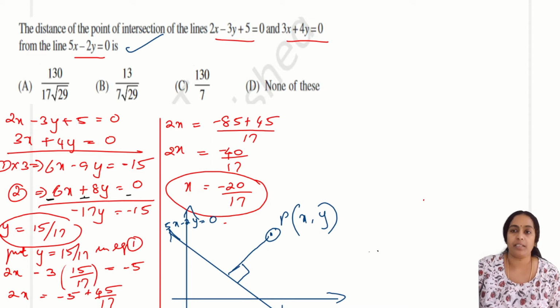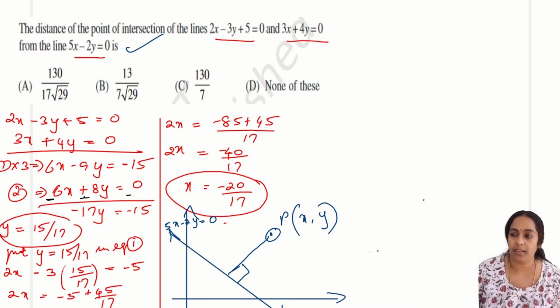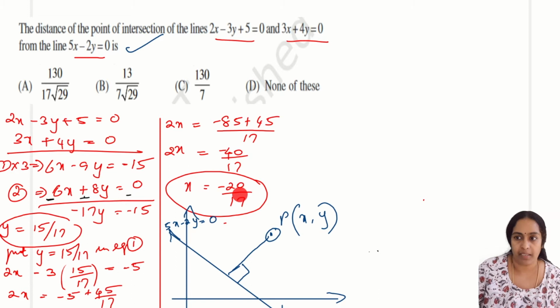The question is asking for the distance between the point of intersection of these two lines and the line 5x minus 2y equals 0. What is that point? That point is minus 20 by 17, comma 15 by 17. We need to find this distance now.